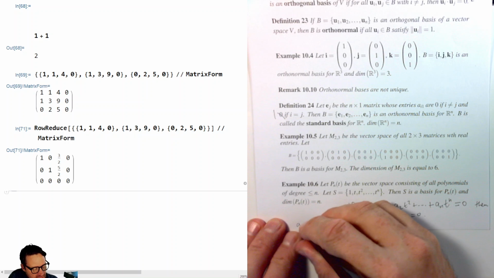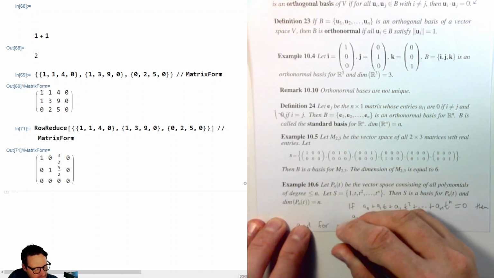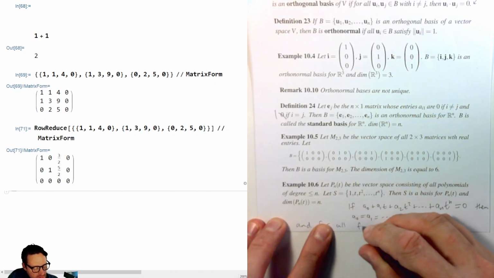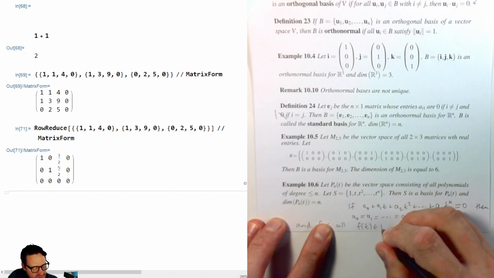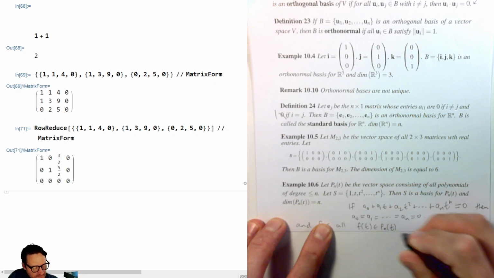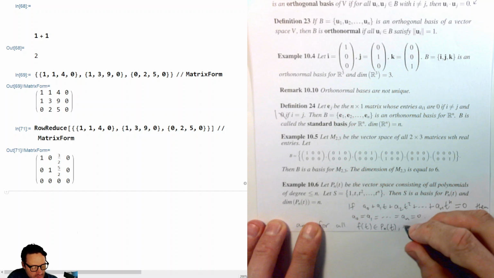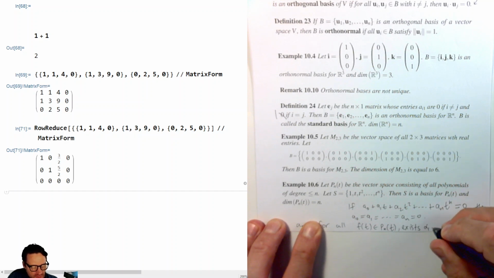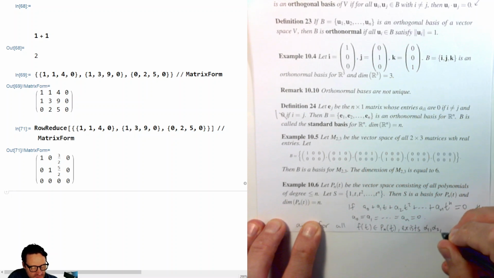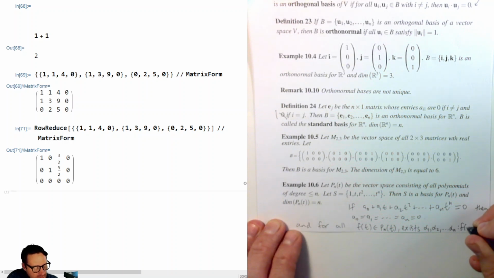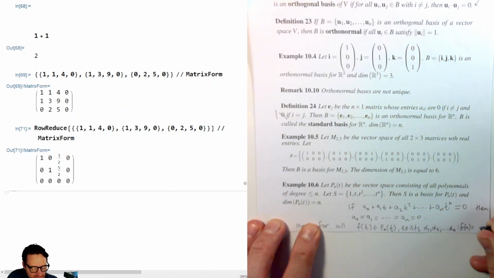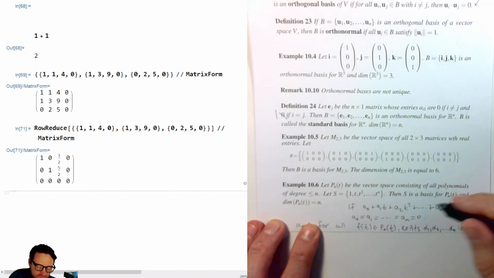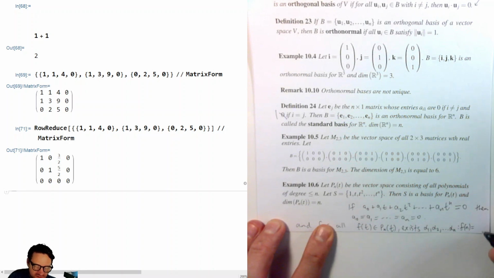And so let's say that for all f(t) belonging to Pn(t), there exist alpha 0, alpha 1, etc. up to alpha n, such that f(t) is equal to a linear combination involving the alphas.